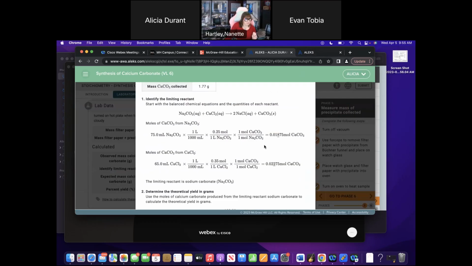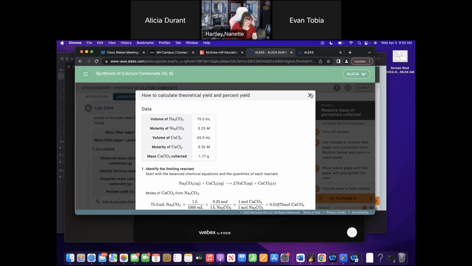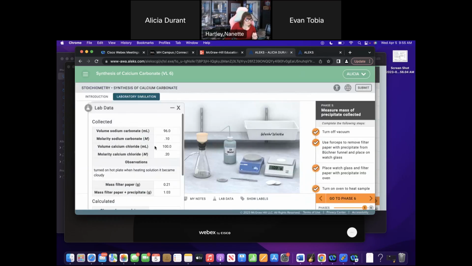I would have put 1 liter is 1,000 milliliters times my molarity, which is 0.10 here. Then 0.10 moles is 1 liter of Na2CO3, and that will cancel out my liters.